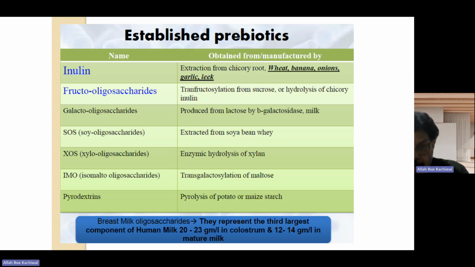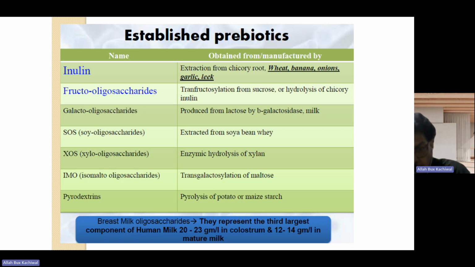Established prebiotics like inulin are extracted from chicory roots, wheat, banana, onions, garlic and leek. Fructo-oligosaccharides are produced by transfructosylation from sucrose or hydrolysis of chicory inulin. The galacto-oligosaccharides are produced from lactose by beta-galactosidase, and the soya oligosaccharides are extracted from soya bean whey.